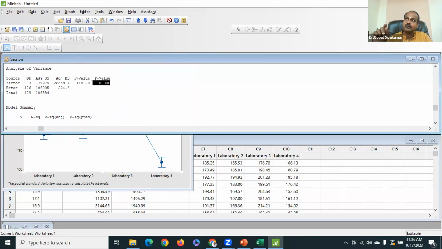RK was saying 10 to the power of minus 35 and all. Something like that. P-value 0 means, my question now is, is it less than 0.05 or more than 0.05? Less than 0.05 means the observation is significant.